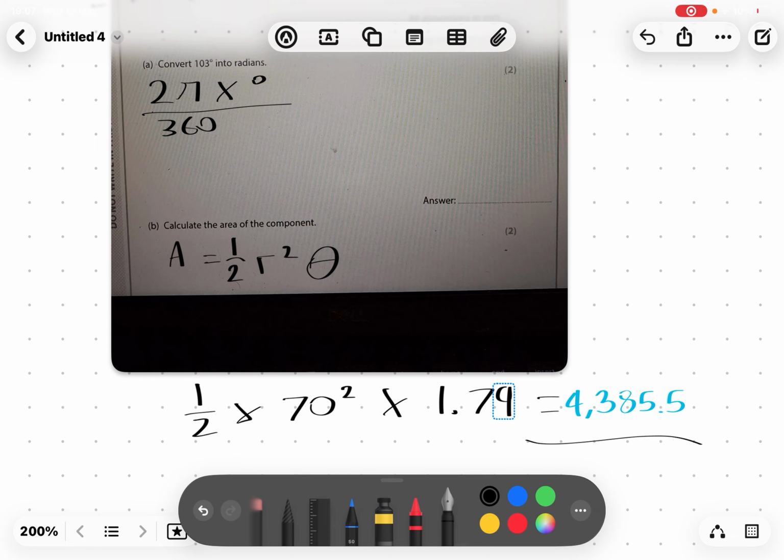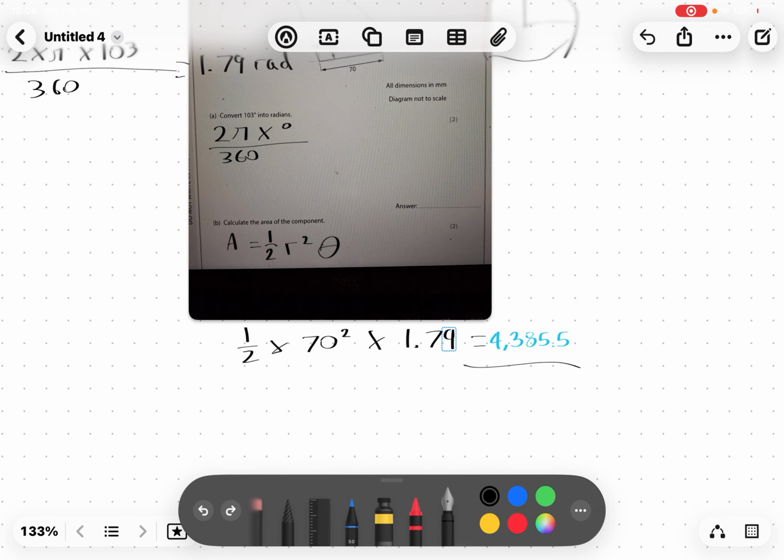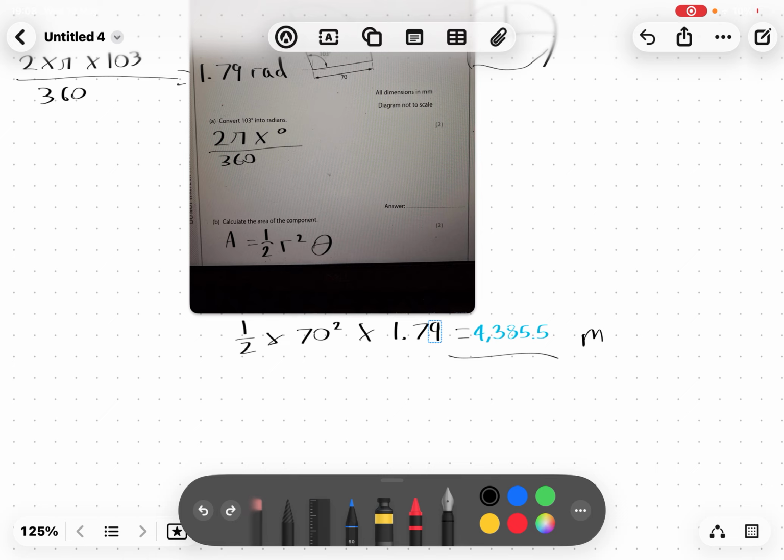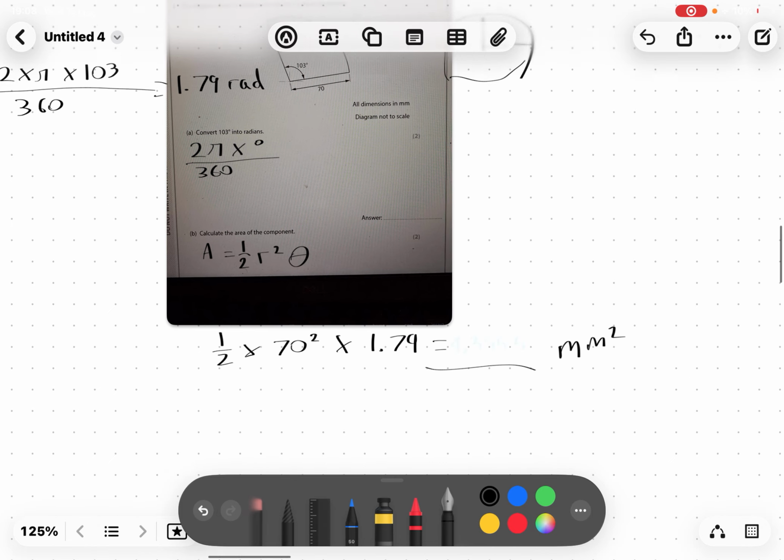So let me double check. Yeah, area of a sector of a circle. So basically, this is right. And that would be in millimeters squared, because it's an area.